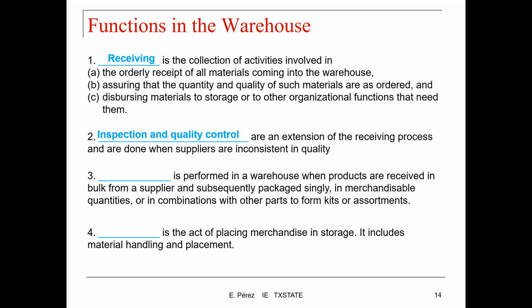You want to check the items at the time of receiving in the receiving dock. You want to make sure that those are to specification, because you are assuming the responsibility once they are part of your warehouse. So if you are supplying something that is probably defective to your customers, then that will create additional trouble in your facility in the form of returns or the dissatisfaction of your customers.